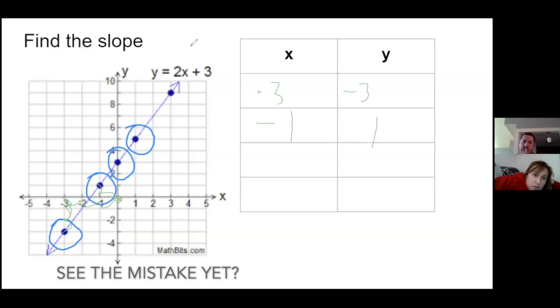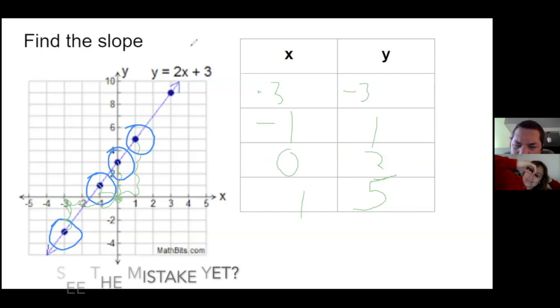And then this one just goes up 3. It doesn't go side to side. So 0 and 3. That must be the y-intercept because 0 is right there. And this one goes over 1 and up 1, 2, 3, 4, 5. 1, 5. Did I get them right, Teach? You did.